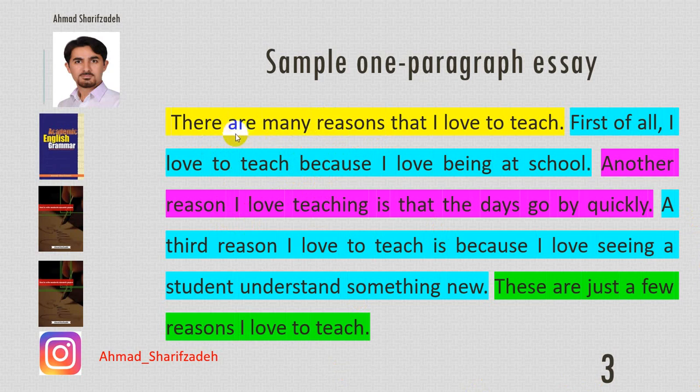At the top, the first sentence in yellow is the topic sentence. This is claiming that several reasons motivate me to teach at a school. Then, if I want to prove this sentence right, I have to collect some data and show some evidence that the first sentence is right. Here, the first, the second, another, and a third reason. First of all, another, and a third reason show that we have collected here three reasons.